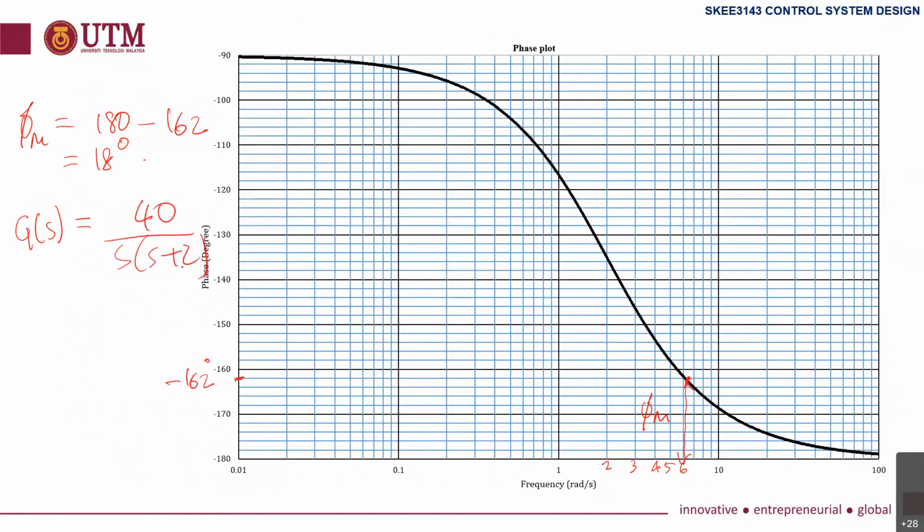The original system has 2 poles, meaning that one pole gives 90 degrees and the other pole gives 90 degrees. That's why you can see the phase goes to a maximum of 180 degrees. It will not cross 180 degrees.